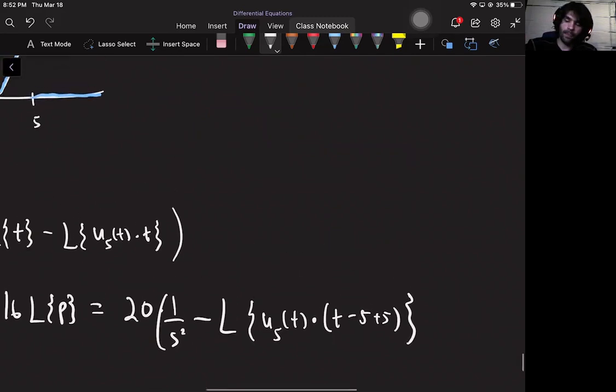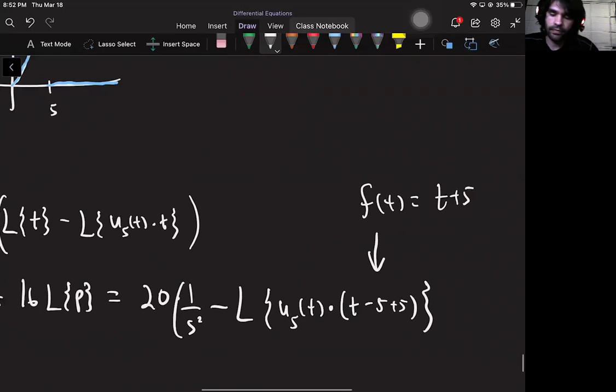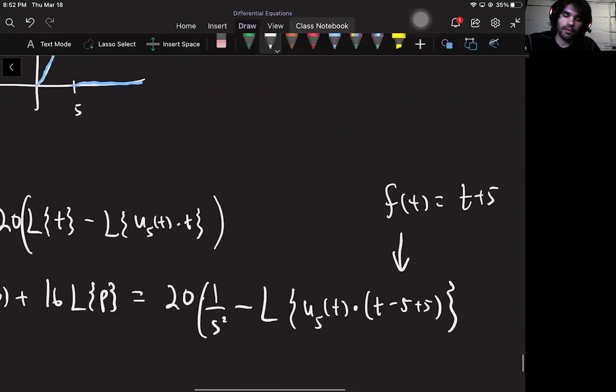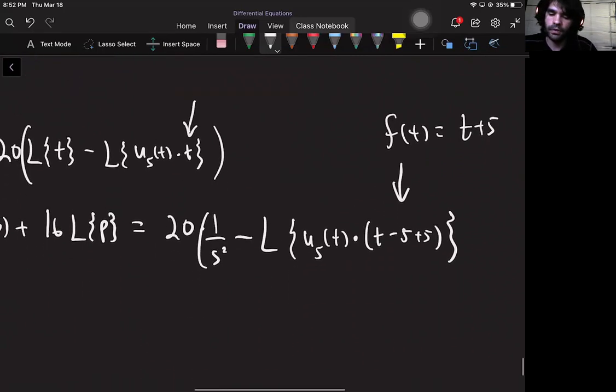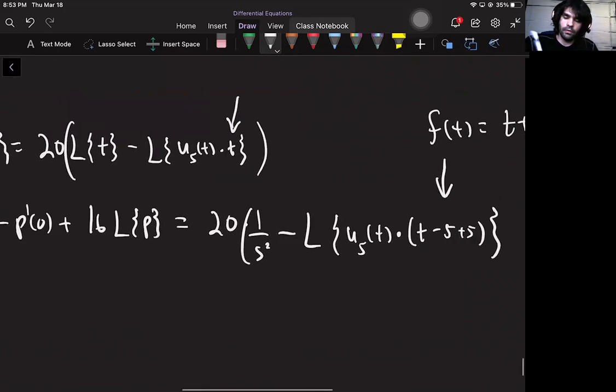So now this is the function f of t equals t plus 5, and I'm plugging in t minus 5 to get it back to being t. So now it's of the right form that I can use my new Laplace transform technique.